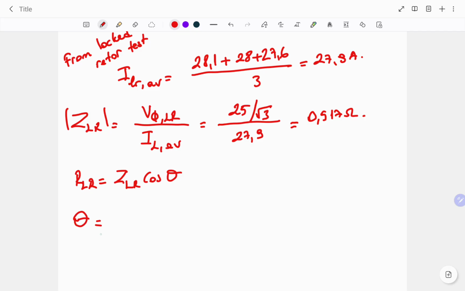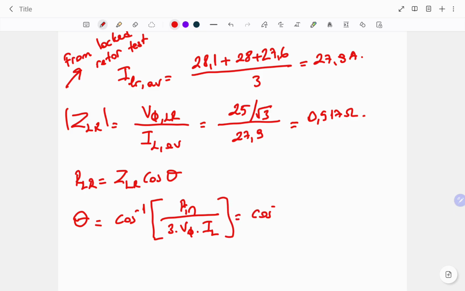Theta will be cosine inverse of input power divided by 3 times V phase times IL. 920 watts is given as the input power during this test.